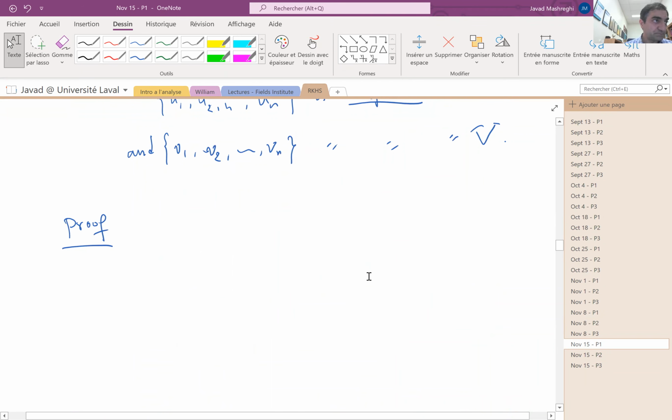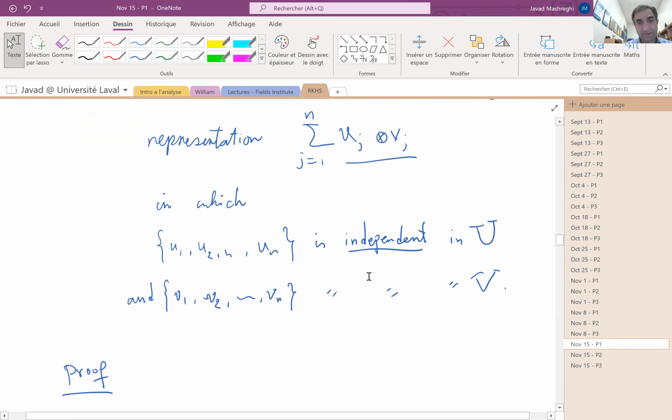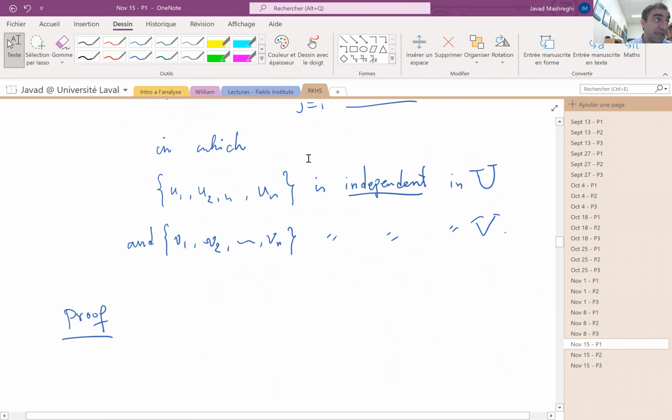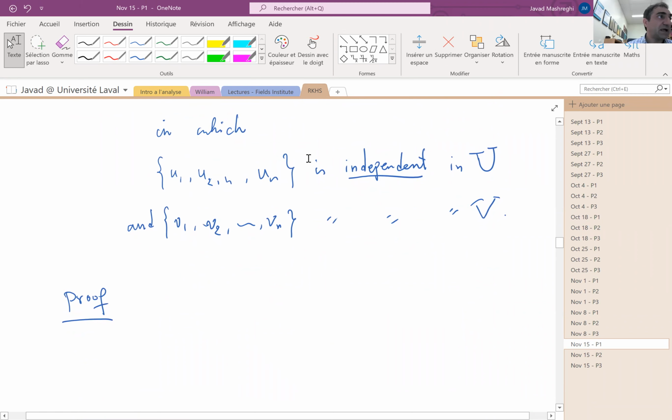The proof of this, here is the trick. It's an interesting trick again from linear algebra. X has a representation like this, many of them indeed, with different n. And now consider the smallest one. So one representation for which n is the smallest possible, the way it's written here. The smallest possible n among all possible representations of x.